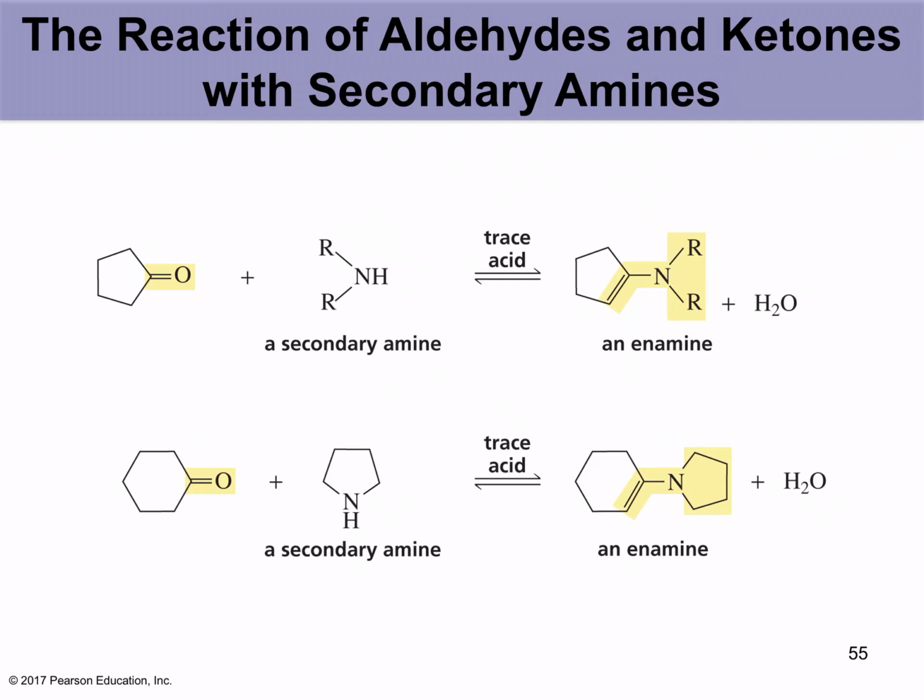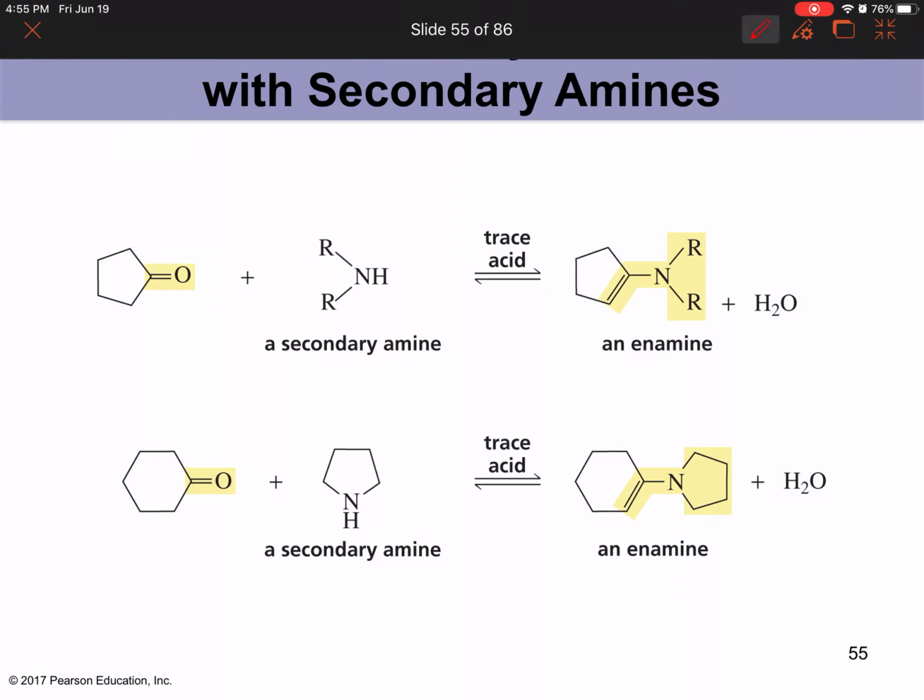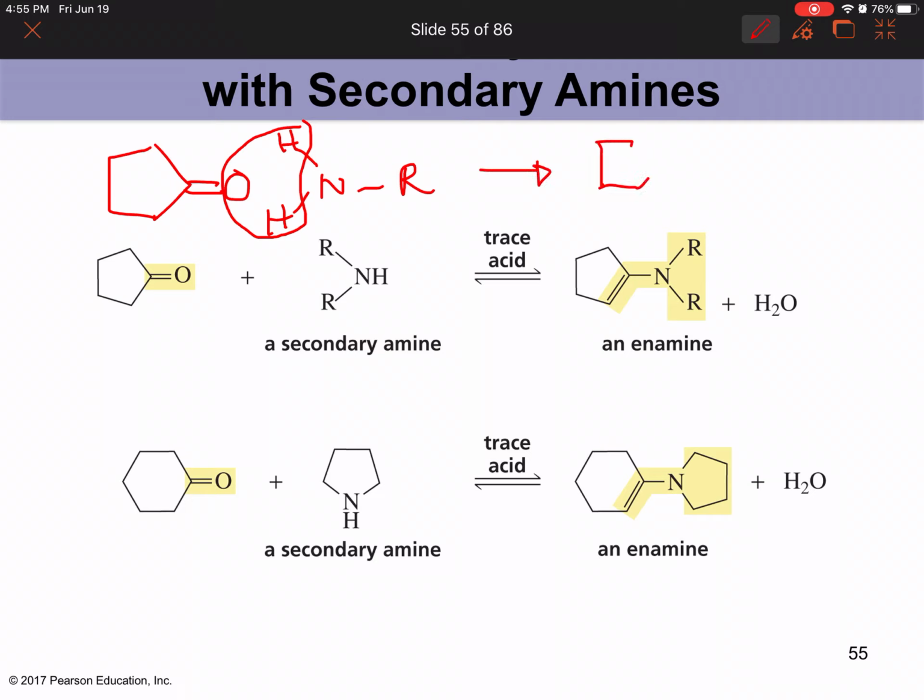Okay, so here's a carbonyl group with a secondary amine. And if you guys remember how we made the imine, basically if you had a carbonyl group and then the primary amine had two hydrogens, and then you can have an alkyl group, the two hydrogens from the nitrogen and the oxygen formed a water molecule, and then we continue to keep the double bond.